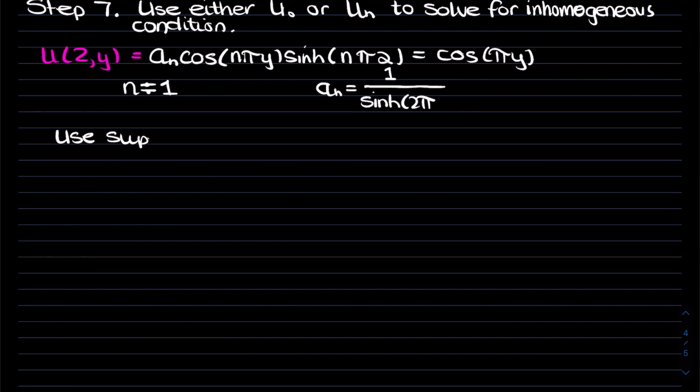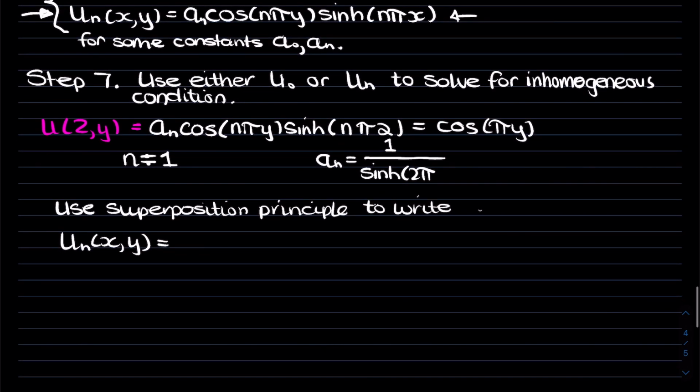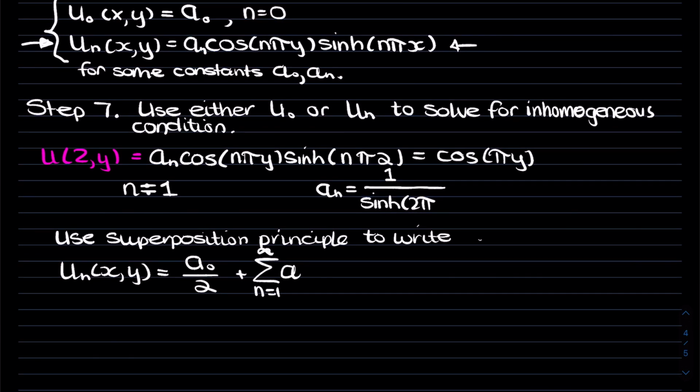Use the superposition principle to write U of n, x and y equal to A0 over 2 plus the sum of n equals 1 to infinity of our U_n case, which is A_n cosine n pi y hyperbolic sine of n pi x.